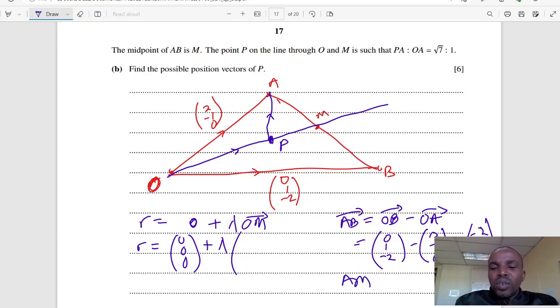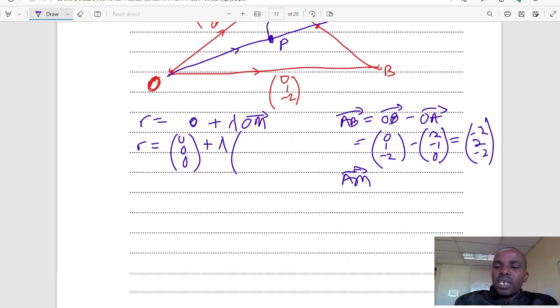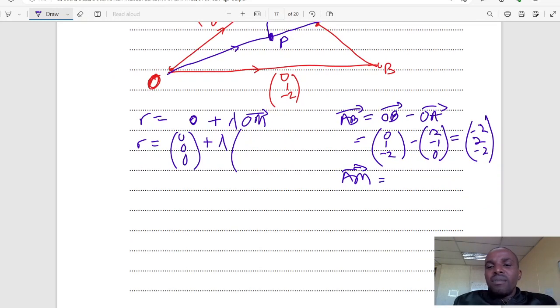Then AM, because we want to find AM so that you can find our vector OM. OM is equal to OA plus AM. Then AM is half of AB.